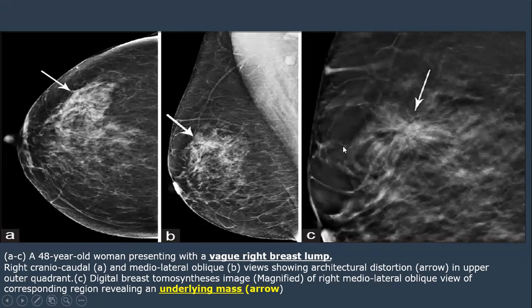See, and look how tomosynthesis demonstrates a spiculated mass in this area. This is seen only as asymmetry with architectural distortion on mammography, and this is how it is appreciated on the tomosynthesis.